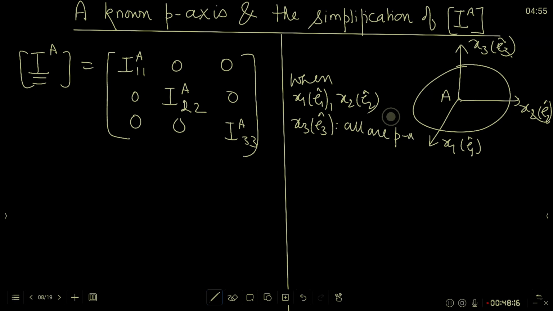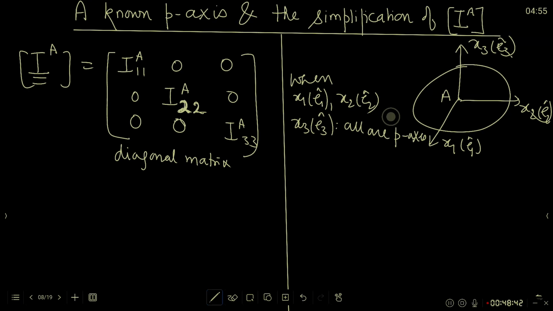Right? It reduces into a diagonal matrix, which is the ultimate convenience as far as algebra is concerned, and we would like to have this as much as possible. I would like to work with a coordinate system which has the principal axes as its axes, because it reduces the matrix into a diagonal matrix.